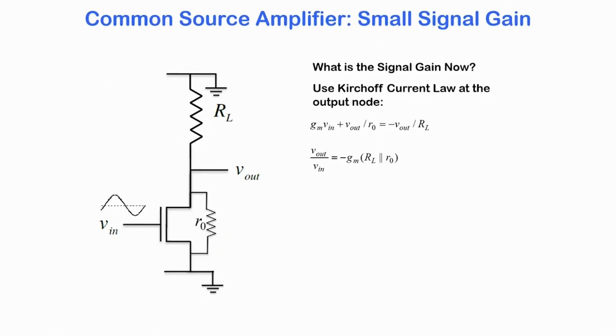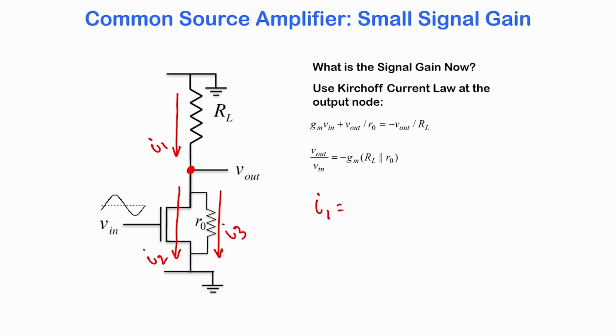So now let us redo the understanding of the gain. What is the small signal gain now? Now we will consider a non-ideal MOSFET. So you see there is now a channel length modulation resistor. So what is the gain? We solve Kirchhoff's current law here. The current coming down this node is the current through this and the current through this. Let us call that I1, I2, I3.